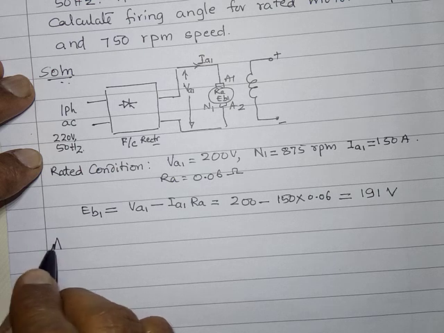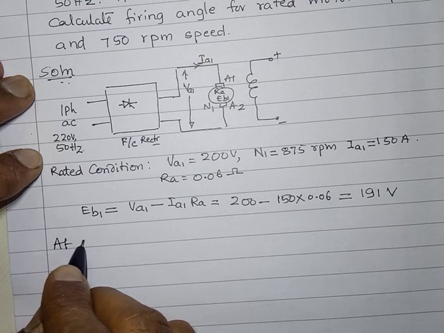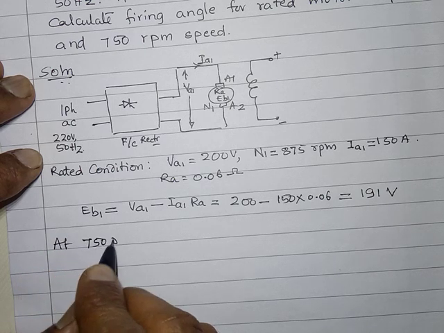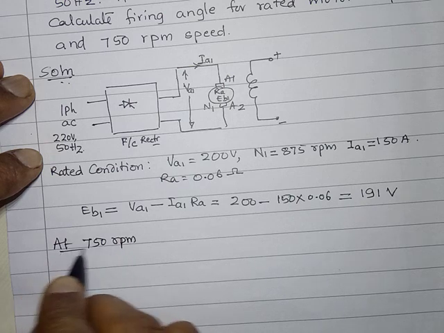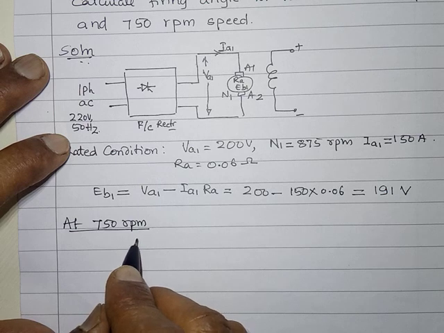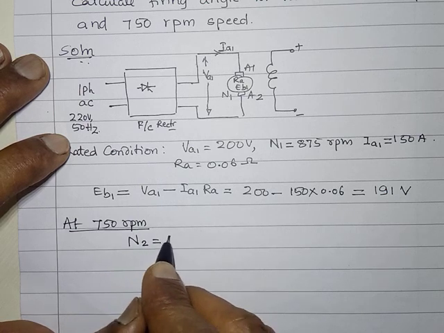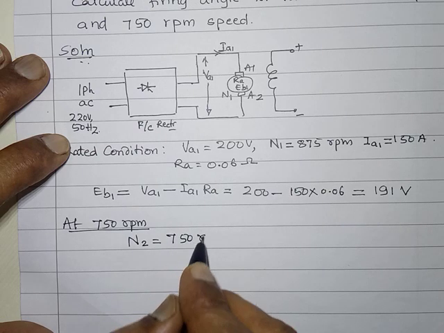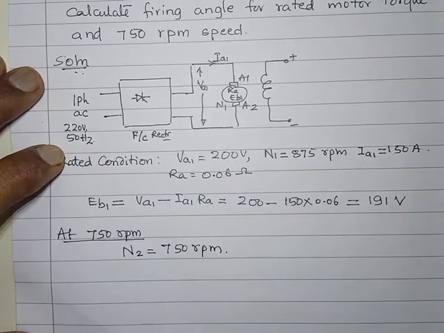Now at 750 rpm, the second condition. What is the second condition? I will use the subscript 2. So N2, the speed I want, is 750 rpm, the second condition.